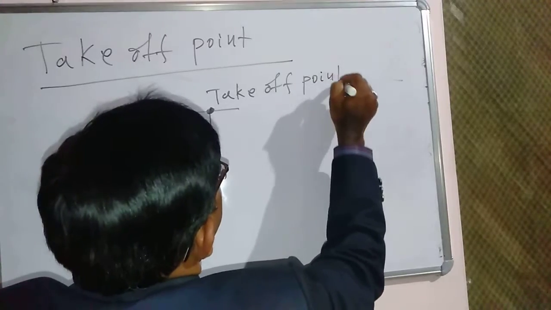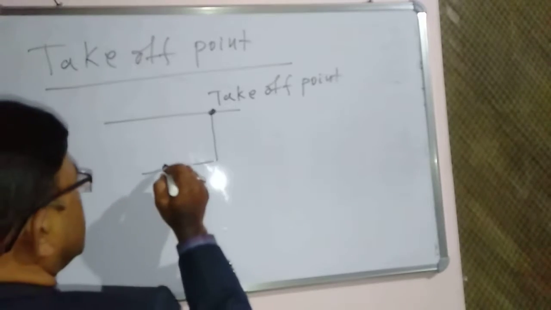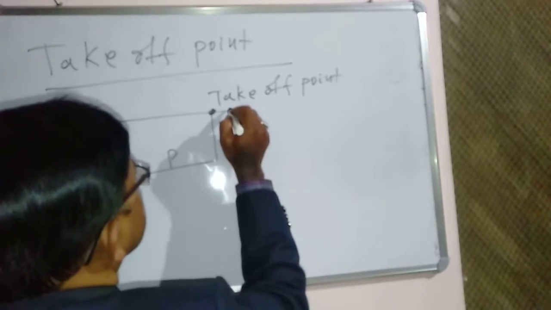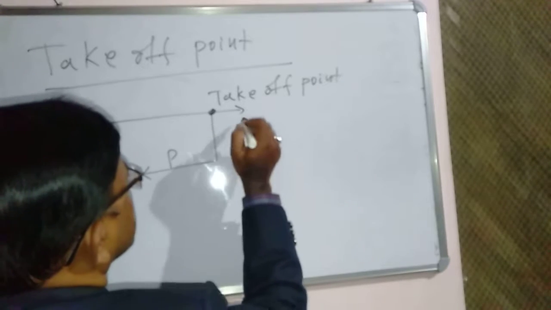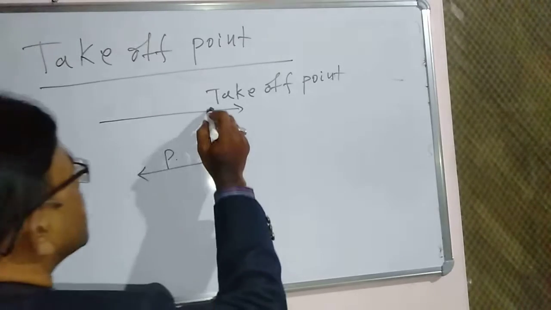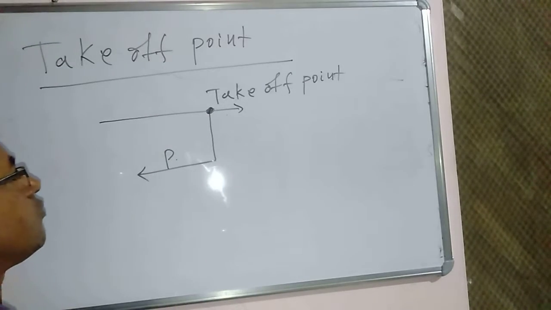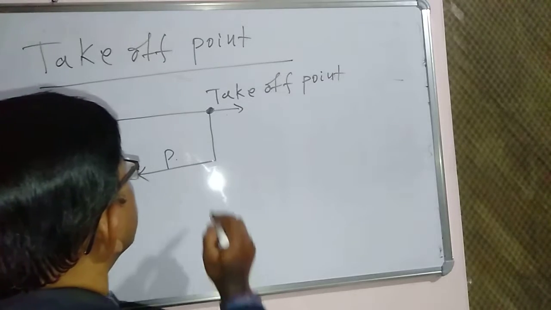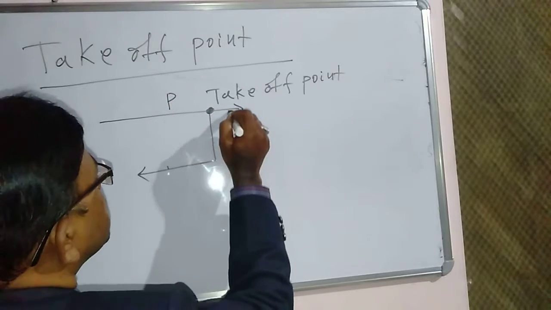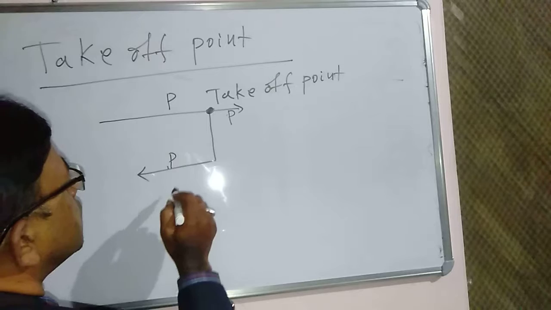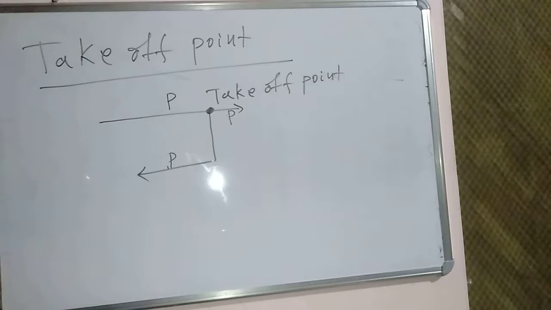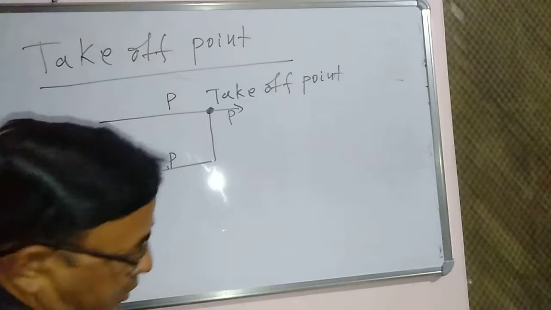Let us assume that this is the signal P and this also is a signal. In the takeoff point the signal flows in various directions, so if this signal is P, here P will flow, here also P will flow. So the signal flows in various directions from the takeoff point.